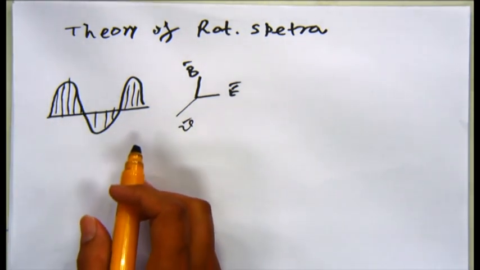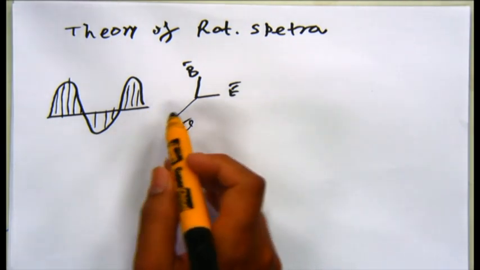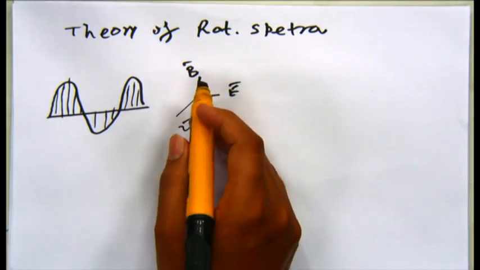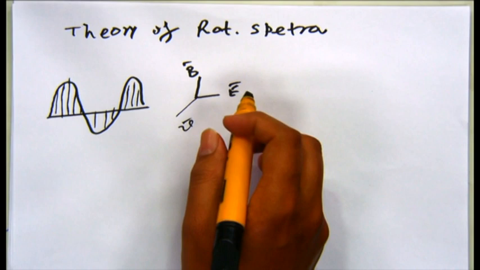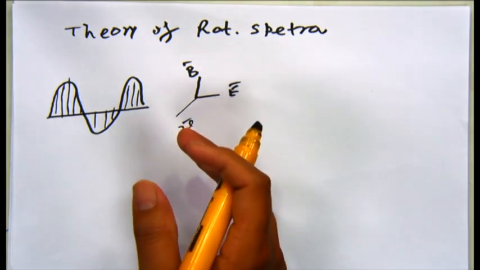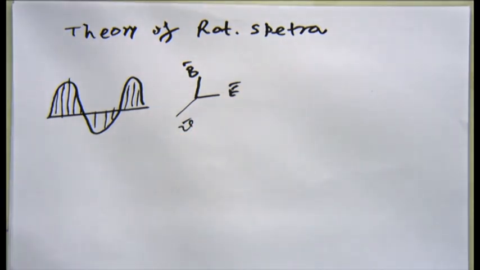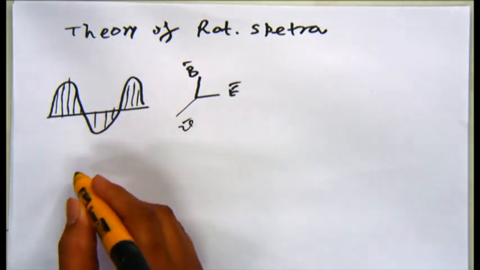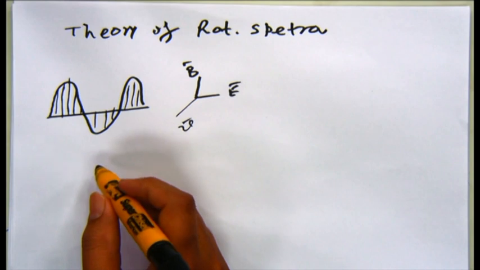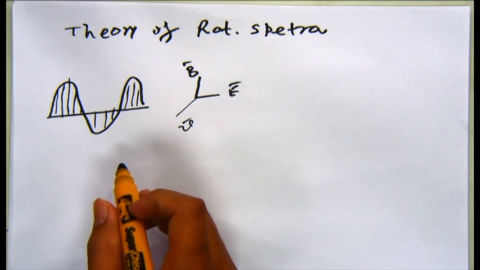Now we can say that if we study the pure rotational spectrum of different specimens, then it will typically be in the far infrared region of the electromagnetic spectrum.